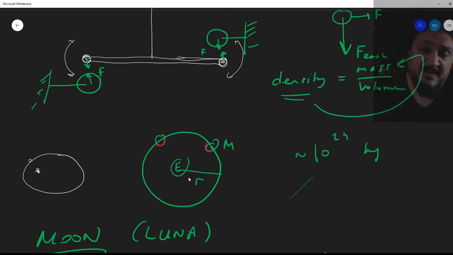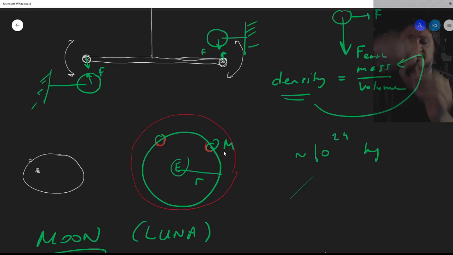So we never see the other side. If the Moon goes around the Earth like this, there's always this side that faces the Earth. So by the time the Moon completes one cycle around the Earth, it has also rotated around itself just once.